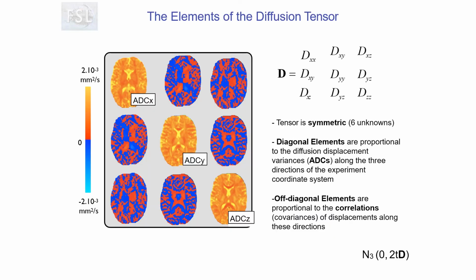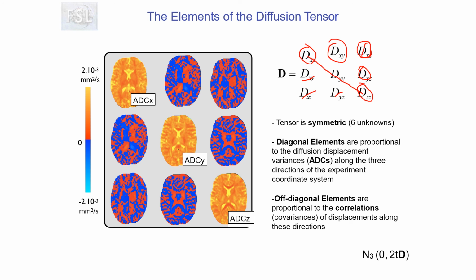The elements of the diffusion tensor: it's a symmetric 3x3 matrix, and it has 6 unknowns. It's symmetric, so these values right here are just repeats of these off diagonal values. So here are our diagonal values, and there are the off diagonal values. These ones are repeats, and because we have 6 values, we need at least 6 directions to solve the equation.